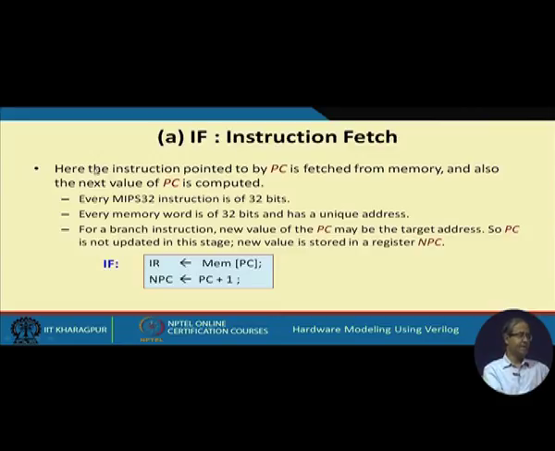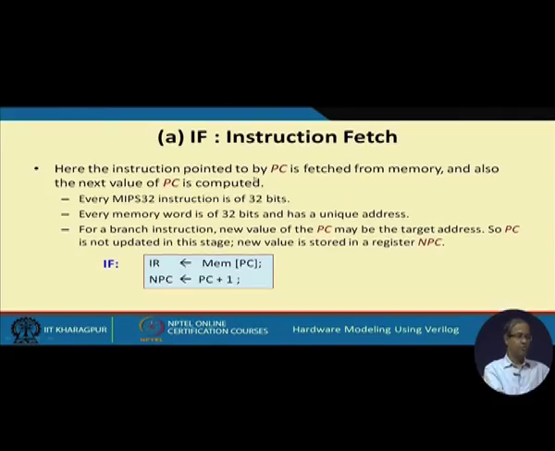Here I have said that the instruction pointed to by PC, PC always contains the address of the next instruction to be executed. So, whatever PC contains, you fetch that word from memory and store it in an internal register. It is called an instruction register, we will see it later, but this fetch is going on.